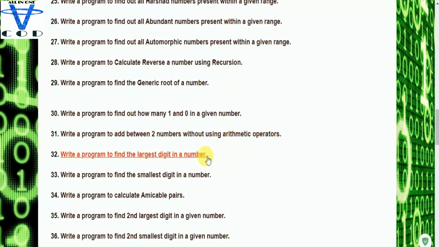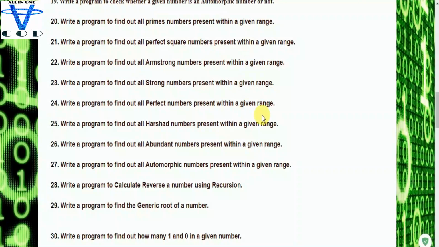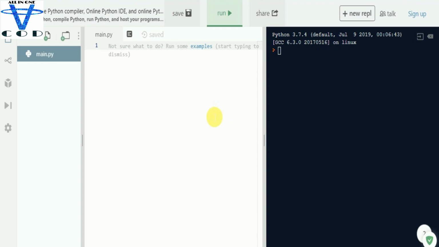But from this list I'm gonna choose some of the best programs and run them in my online IDE. Yes friend, if you are a programmer and you don't like PyCharm or any other IDE, you can try this. This is a completely free and online IDE.